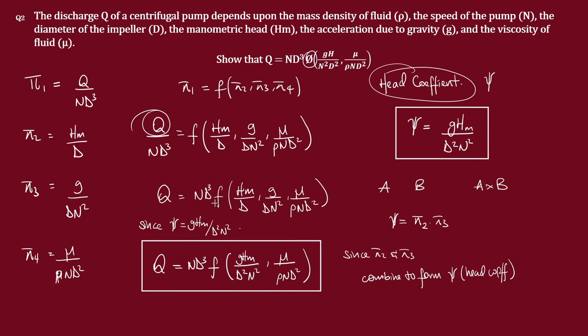Okay, so this is a valid solution to the problem, in the same way that the previous one is also a valid solution. So just so that we can show beyond reasonable doubt, through Buckingham's Pi method, that q is nd cubed and a function of gh over n squared d squared and mu over rho n d squared, that's why we had to do what we did with this problem.